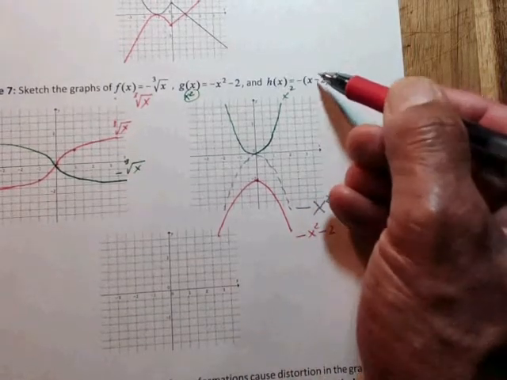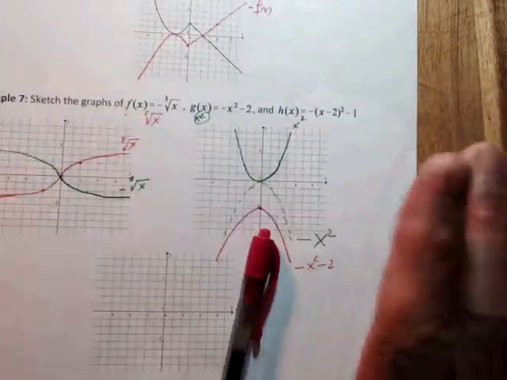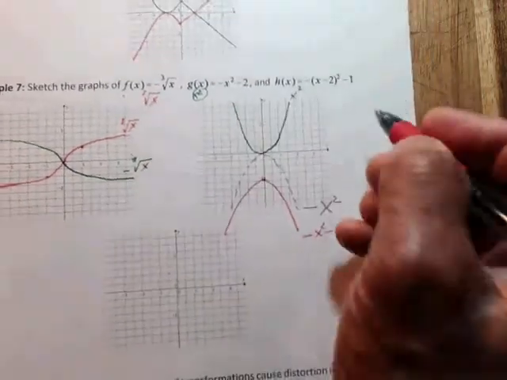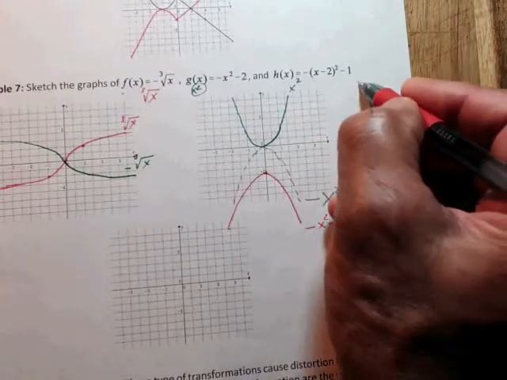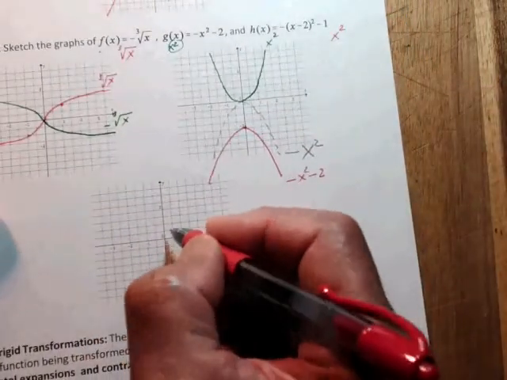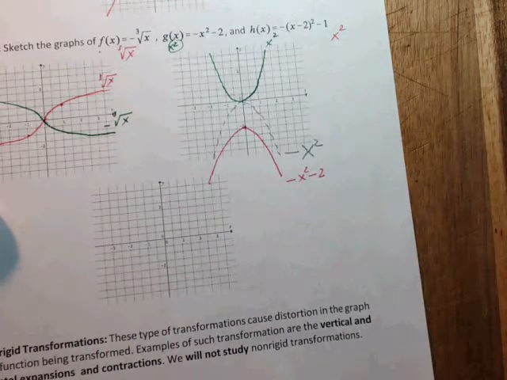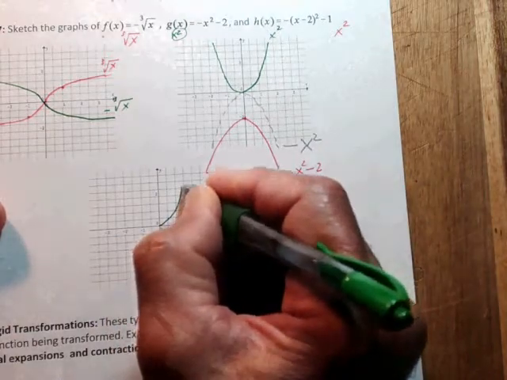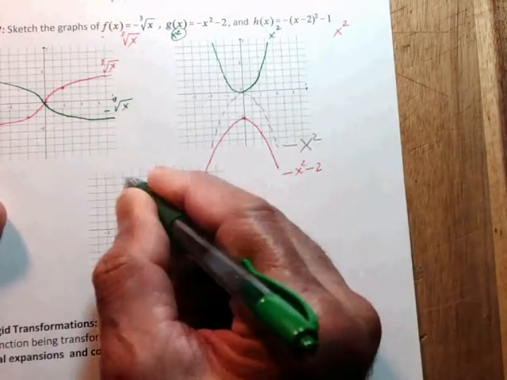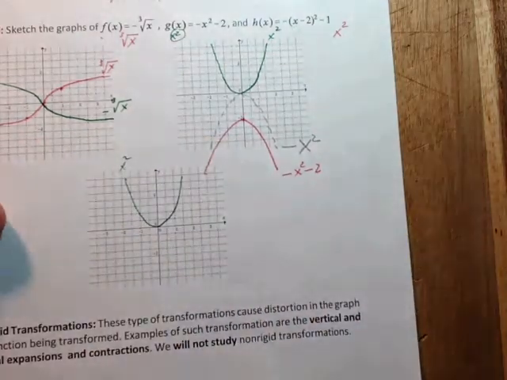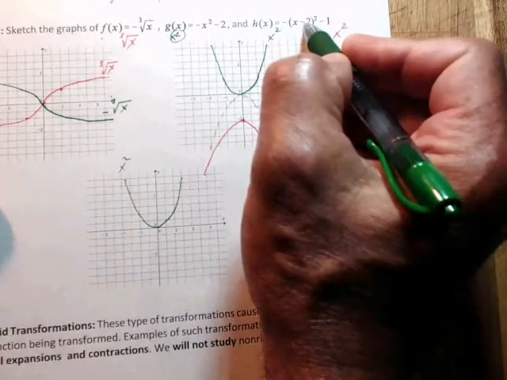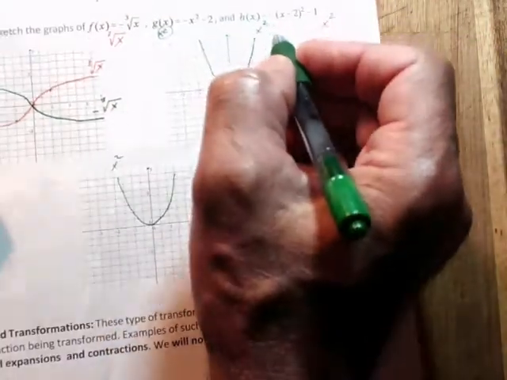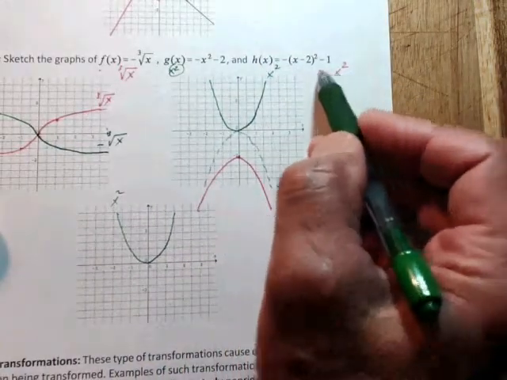The next one is also interesting. It has 3 operations actually. You see, first you start with x squared. That's your parent function, which is right here. Okay. Then the first thing you do, you subtract 2 from x, that causes this graph to move to the right by 2 units.